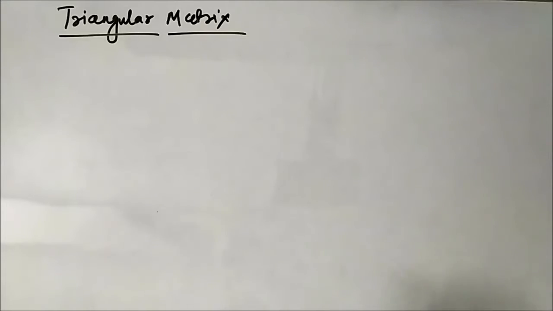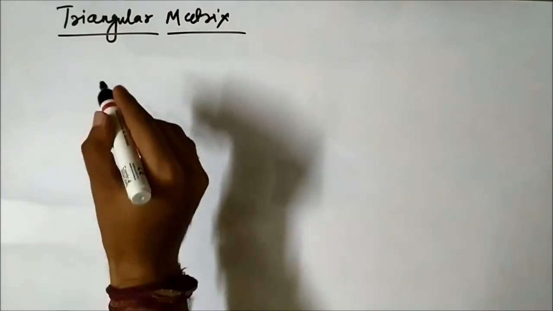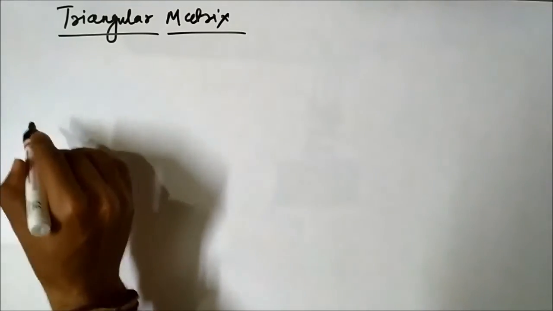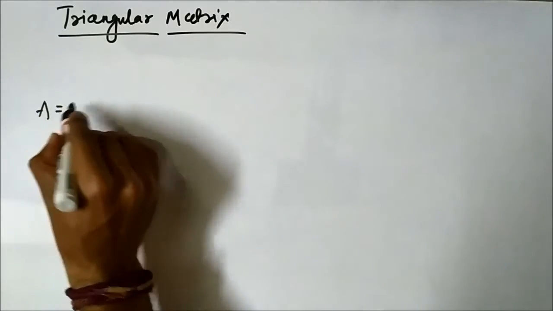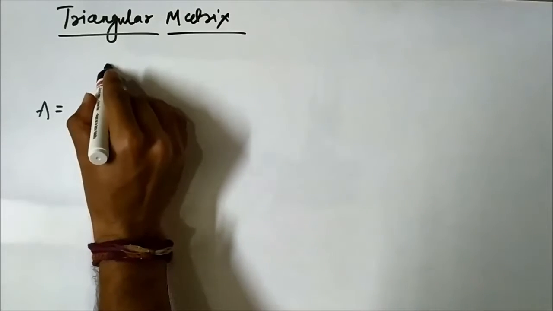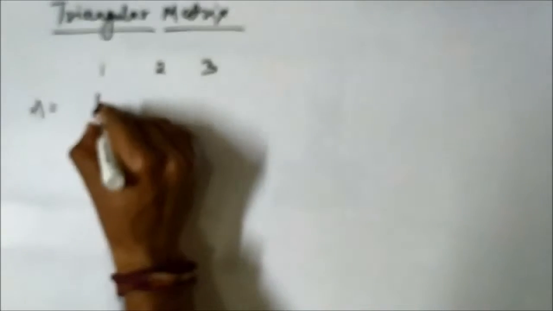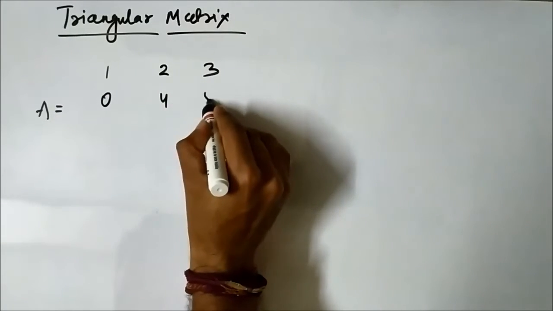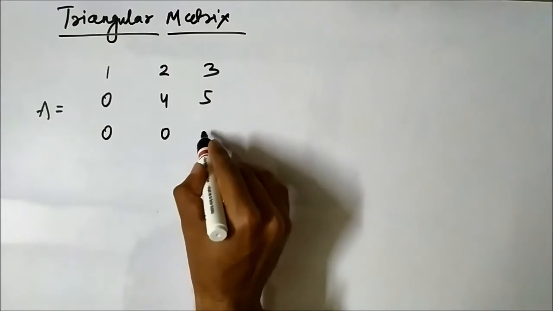Now the next type of matrix which we are going to discuss is the triangular matrix. Okay, so before we discuss triangular matrix, let me design two types of matrices. Let's say the matrix A I write as 1 2 3, 0 4 5, 0 0 6.